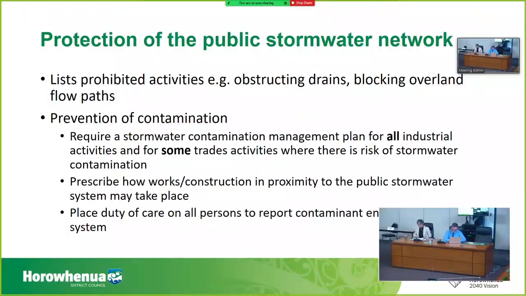Okay, so protection of the public stormwater network. Here are listed prohibited activities, for example, obstructing drains, blocking flow paths, and prevention of contamination. So this is actually quite important for this bylaw. It requires a stormwater contamination management plan for all industrial activities, and for some trade activities where there is a risk of stormwater contamination.